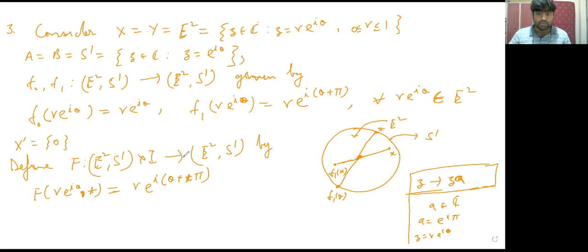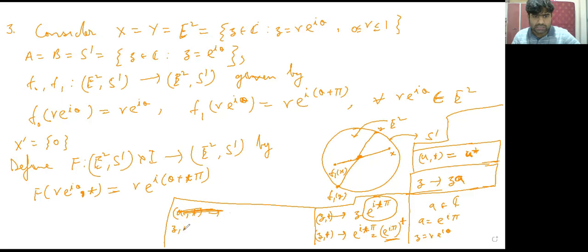Now, this capital F is a continuous function from here to here. Again, this map you can consider as a composition of two maps. Z, t goes to Z, pi t. This, of course, is a continuous map.